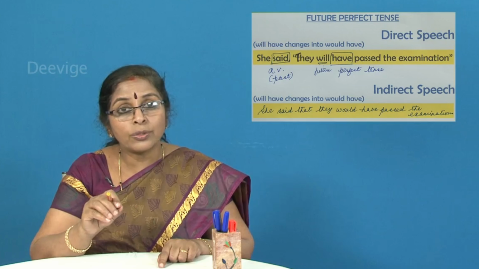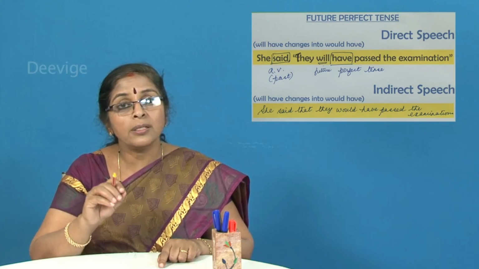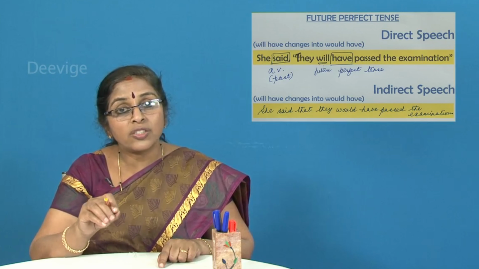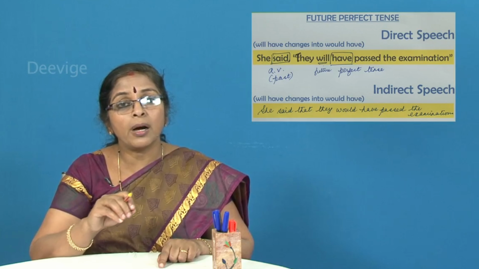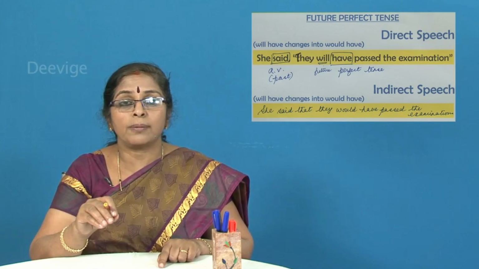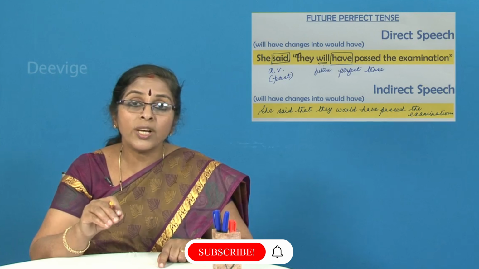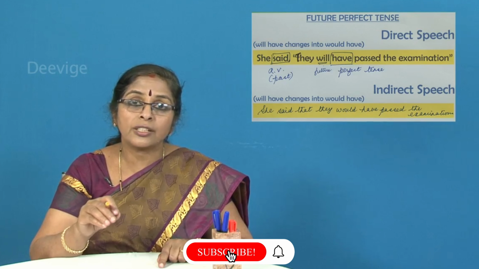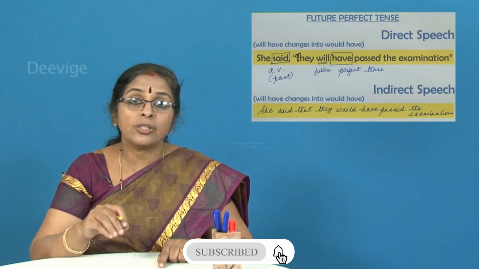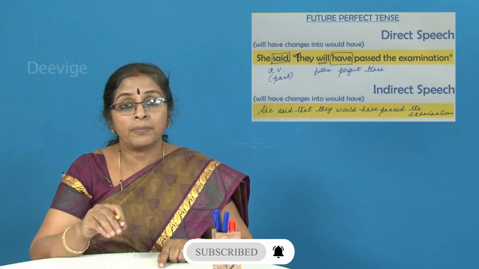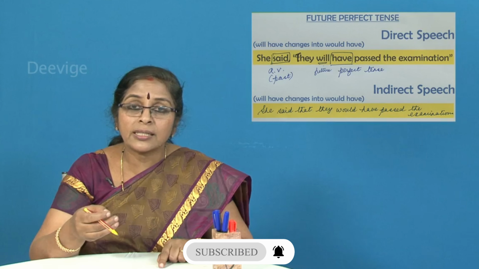Do not make use of open inverted commas, close inverted commas, question mark, exclamatory mark. None of these punctuation marks have to be used when you are changing from direct to indirect speech. That you should always remember, right? Shall we move on to the next example, students?